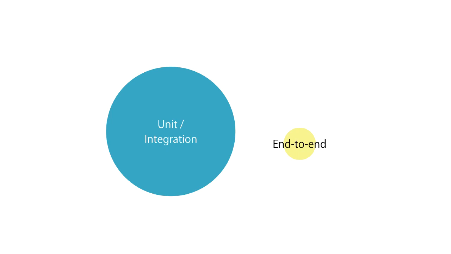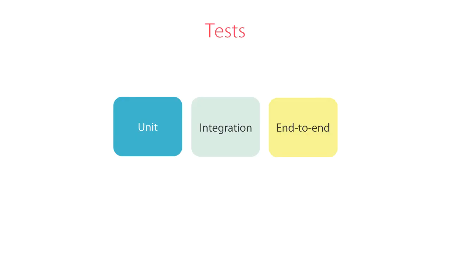But we're not going to test all the edge cases with end-to-end tests, like something being null, something being out of range, and so on. We use unit tests for those scenarios. So here are the three main types of tests. Now, as I told you, unit tests are easier to write. So in this section, we're going to focus entirely on unit tests, and then I will cover integration tests in the next section. All right, next we're going to look at the fundamentals of unit testing.